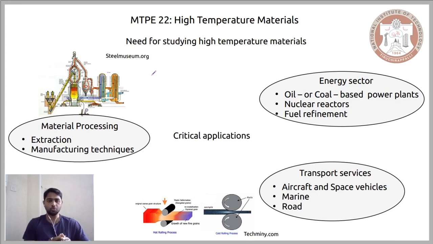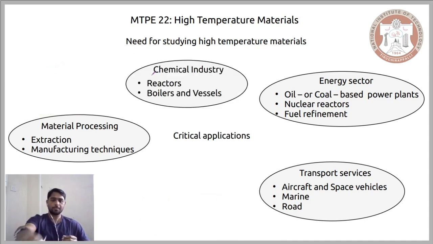Now, in addition to material processing, the final sector wherein high temperature materials play a significant role is the chemical industries, the industries that serve us with chemicals that we use in our laboratories, or sometimes in our day-to-day lives as well. In these chemical industries, like the energy sectors, we have reactors wherein we process the chemicals.